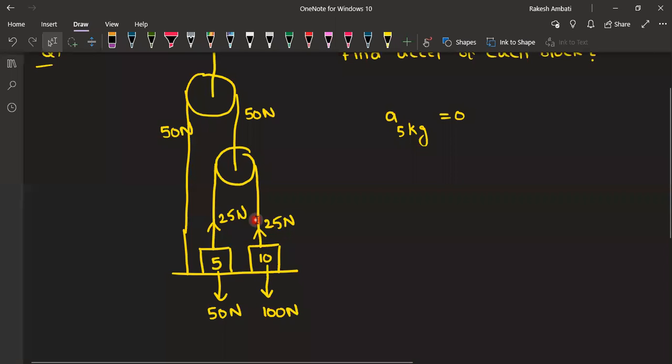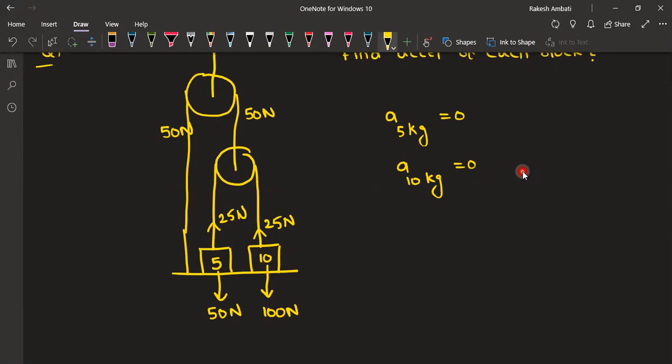So still the 10 kg block is at rest position because it is not lifted up, so its acceleration also is 0. So acceleration of the 10 kg block is equal to 0.